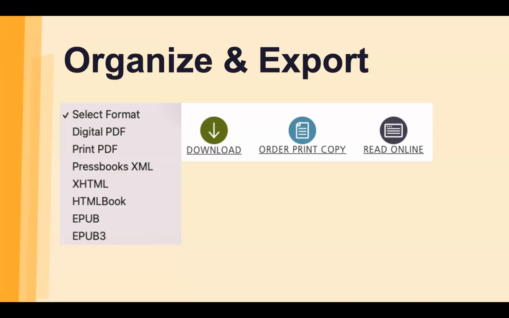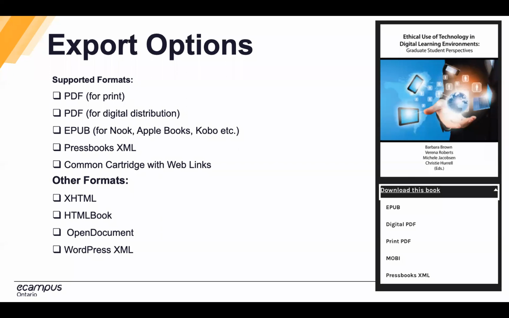Do you need to move chapters around within the same part, or move them into a different section? Then you can take a look at the organize page and make those moves. And do you have your own book cover you want to provide for a print version of your work, or do you need to create a book cover? Those are some considerations before you start to organize and export your book.